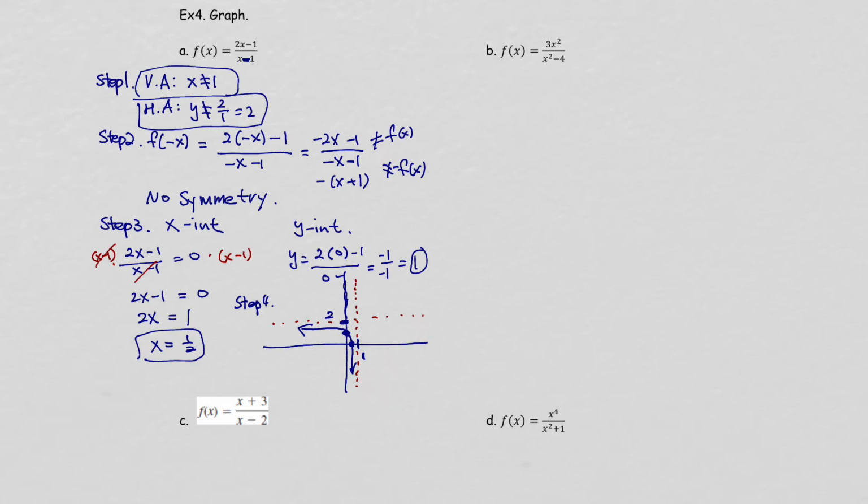If it was y-axis symmetry, then it should be here. But it wasn't, right? So what I need to do is plug in any point where x is greater than 1 and see if my graph is in the upper area or the lower area.